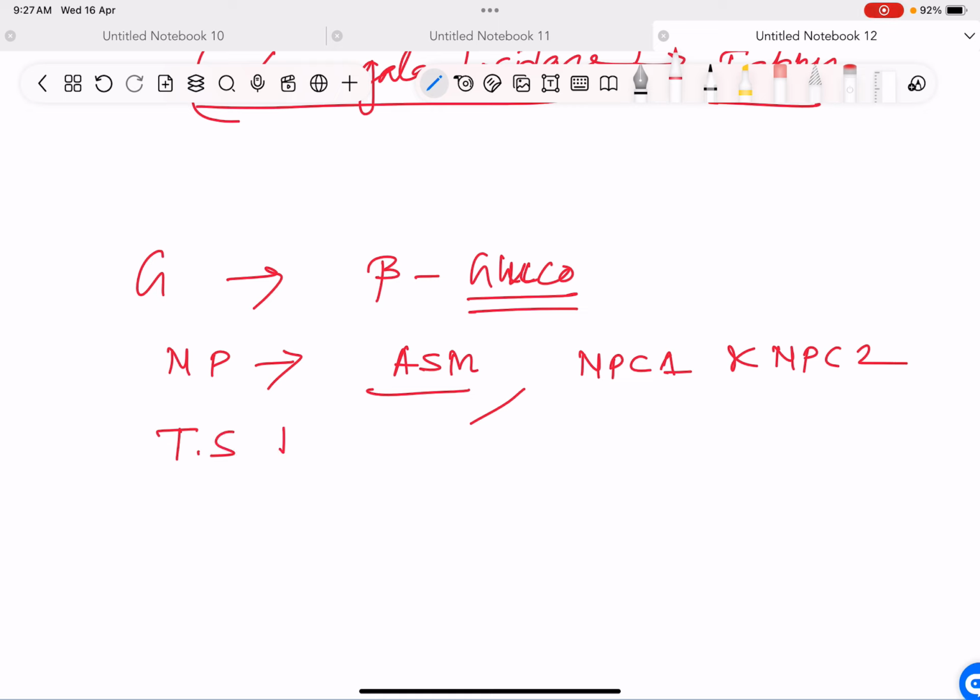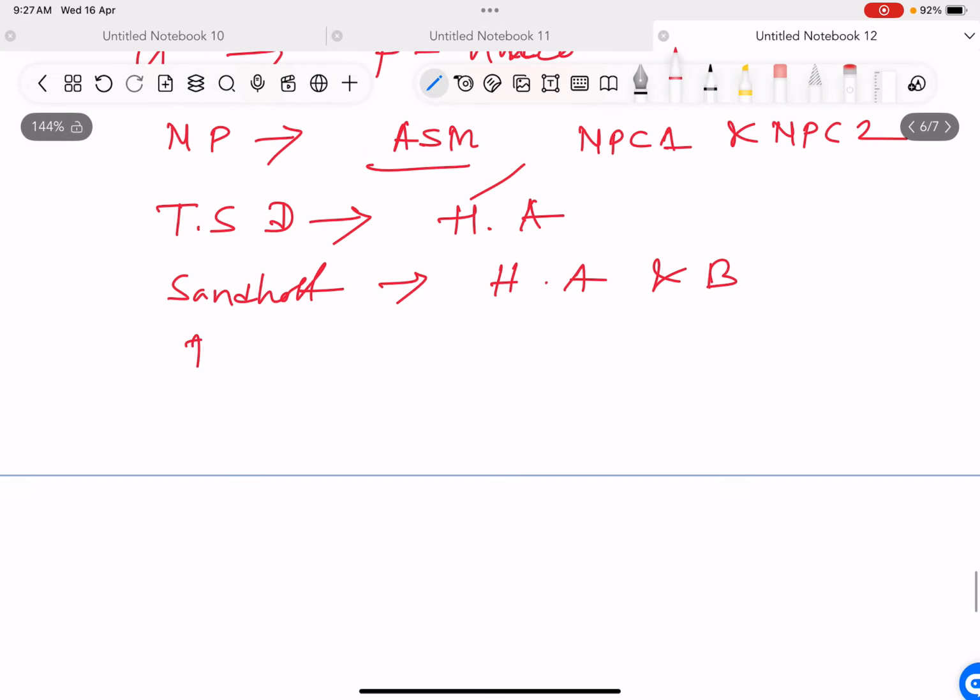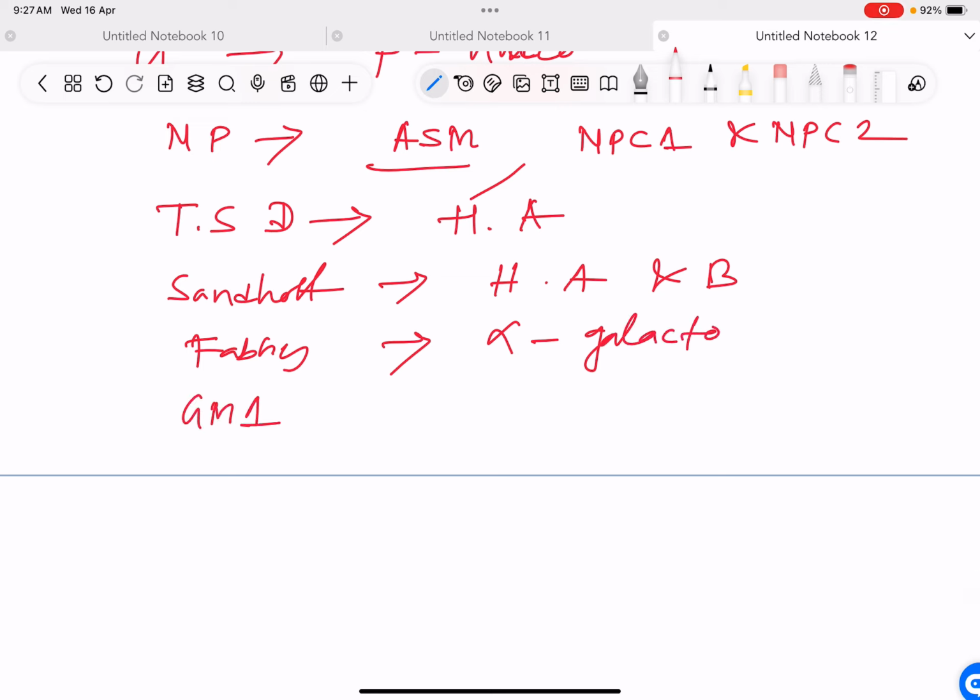In Tay-Sachs disease, it is just hexosaminidase A. In Sandhoff, it is both hexosaminidase A and B. In Fabry, it is alpha galactosidase. In GM1 gangliosidosis, it is beta galactosidase.